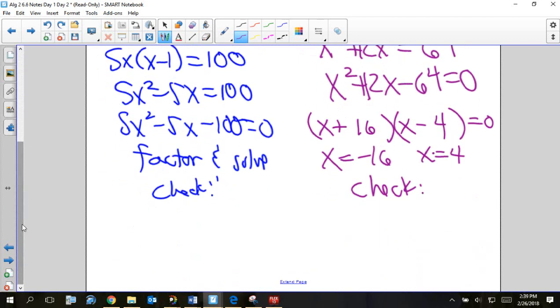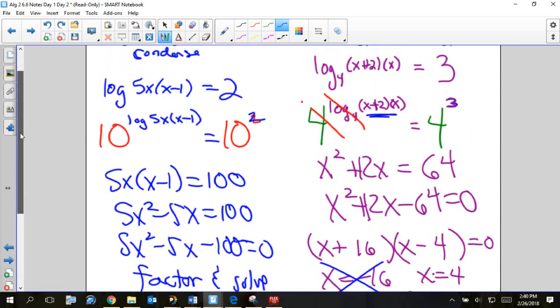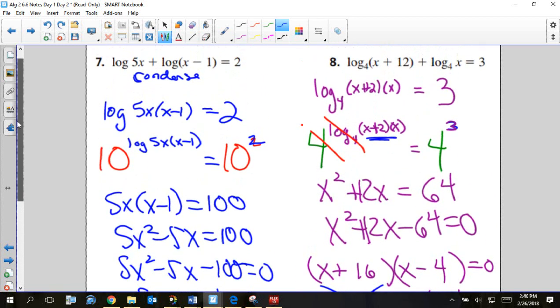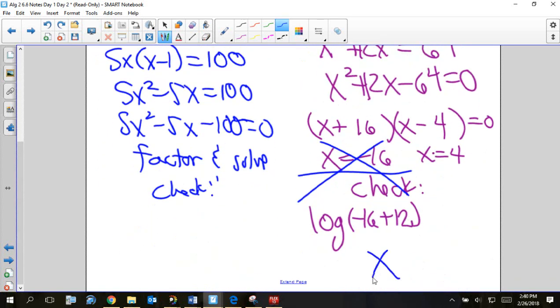What happens if I plug in negative 16? If I do log of negative 16 plus 12, what happens? You get a negative number. Negative 16 can't be an answer. Does 4 work? If I plug in 4 for my x's, will I get a negative? So 4 would be fine.